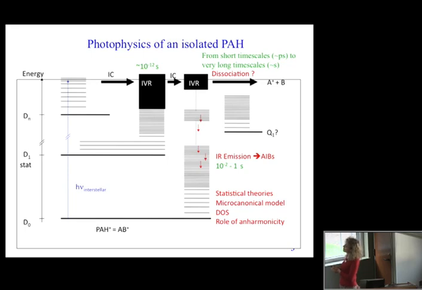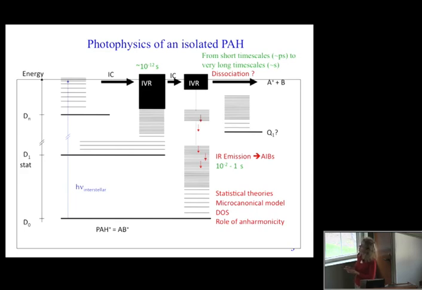Then you have fast internal conversion to basically the ground electronic state, in which you get a lot of vibrational energy. Then you have the IVR that redistributes all the energy within the vibrational modes, and because the system is isolated, it can relax either by dissociation or by a slow infrared emission.